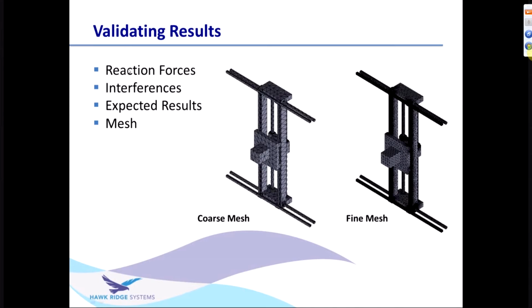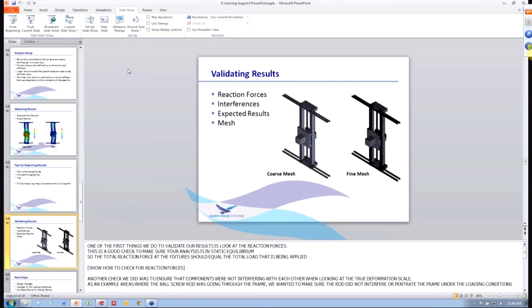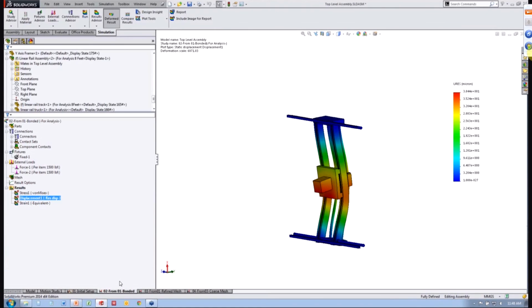The next thing, once you set up a study and get everything validated, you're getting expected results, you know what you want, you then start looking into whether the mesh you have, and with that, the numerical accuracy of your results is valid. And to do that, what we did was, again, look into a finer mesh in order to see the trends in the results and whether what we were getting was believable.